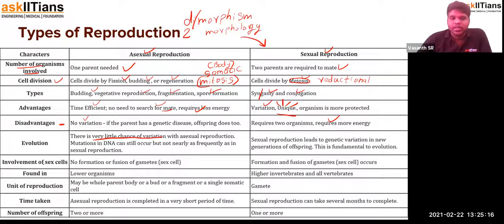So when we go to the involvement of sex cells, there will be no sex cell formation in asexual reproduction. What do you mean by sex cells? Sex cells are nothing but gametes, a simple term for gametes. There is no gamete formation in asexual reproduction, and gamete formation is exclusively important in sexual reproduction. That's how the probability of creating a new set of individuals with genetic variation is achieved.